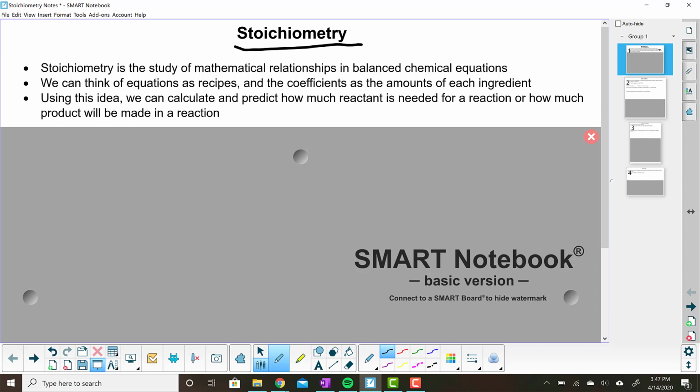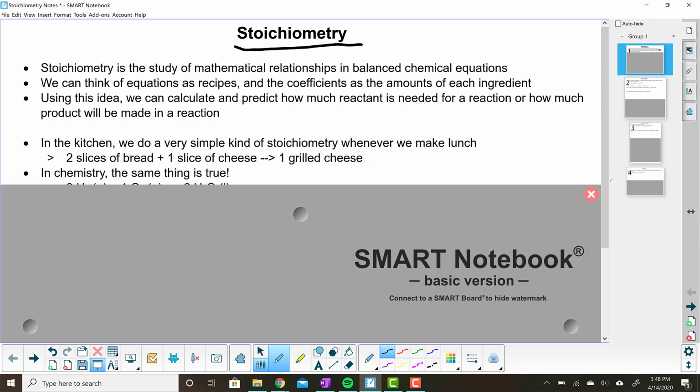You cannot bake cookies without 2 eggs, but who decided that it was 2 eggs? It depends on how many cookies you want to make. If you want to make 12 dozen cookies, you might need 3 or 4 eggs. It's the same idea, but with chemistry and compounds. So we're going to predict and calculate how much reactant is needed for a reaction or how much product will be made in a reaction.